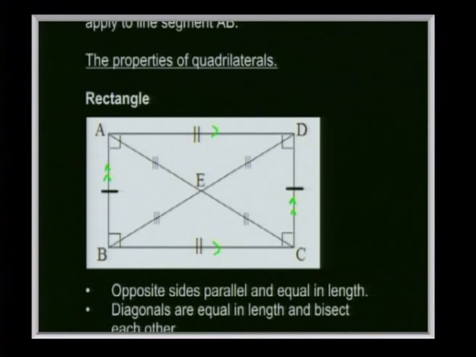Now that's quite an important property, because if you've got a rectangle and you've got to find the distance AC, but you're not given the points A and C, if you could find out the distance BD, you've got it. Or perhaps you find out from D to E, then you could double it. So please, once again, just run over your properties of your quadrilaterals.